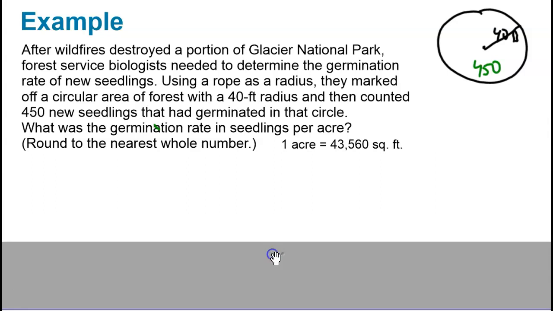So we'll look at this, and we know that area equals pi r squared.